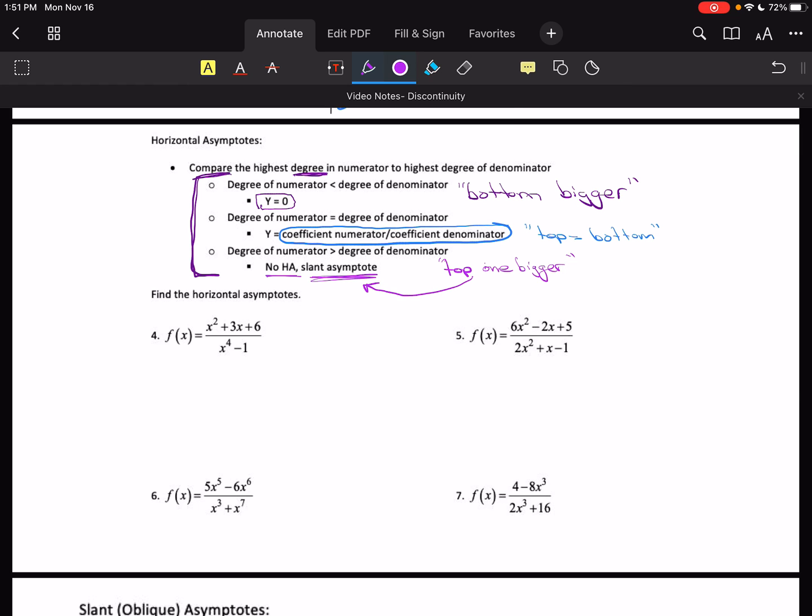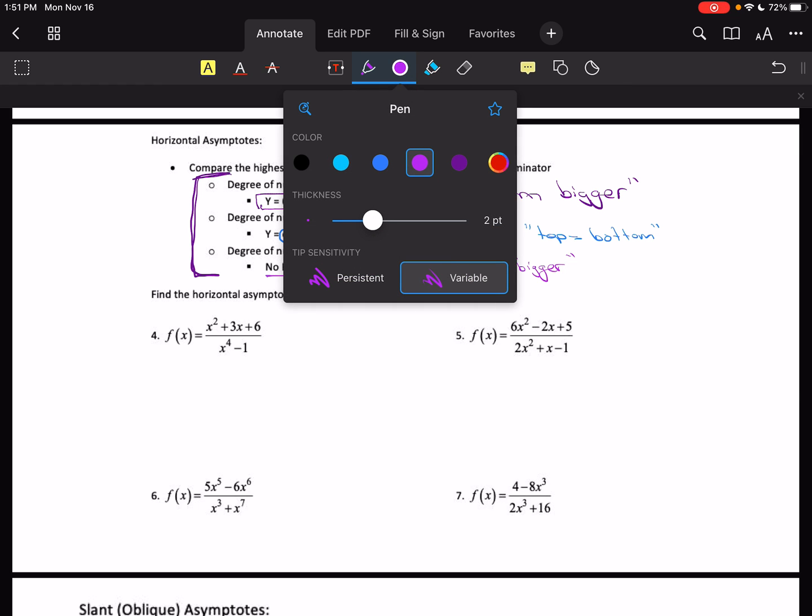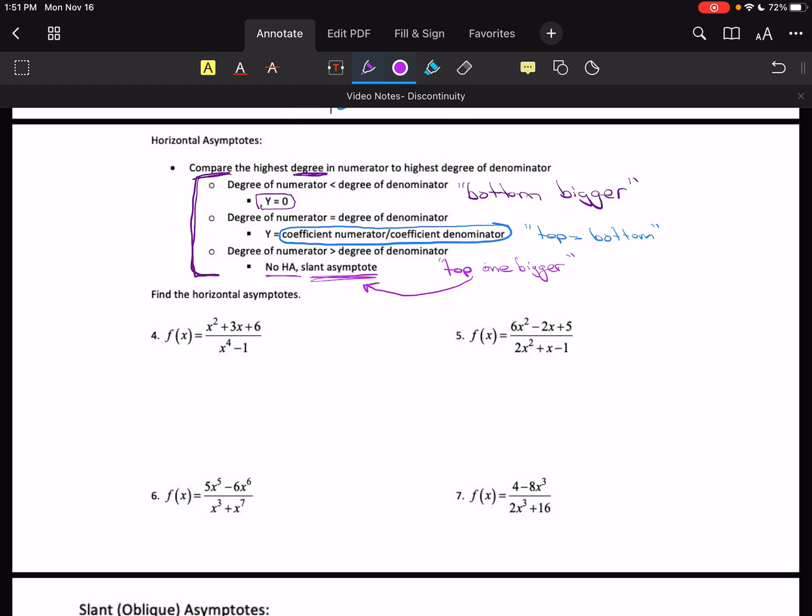So looking at number 4, I want to identify the degree of the top and the degree of the bottom. I see I have x squared and x to the 4th. In this case, the bottom has a larger degree, so the bottom is bigger.